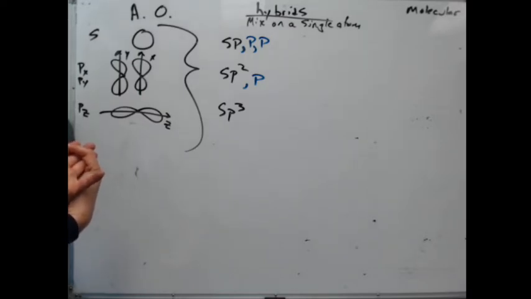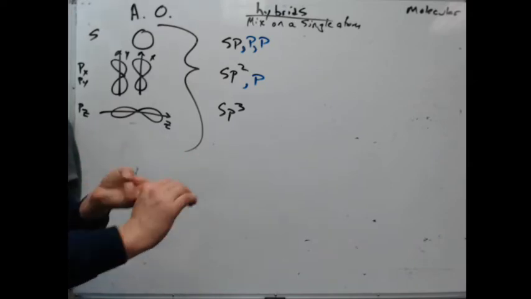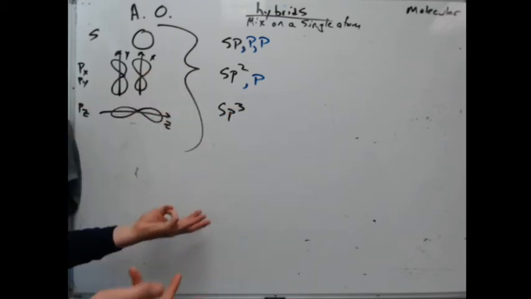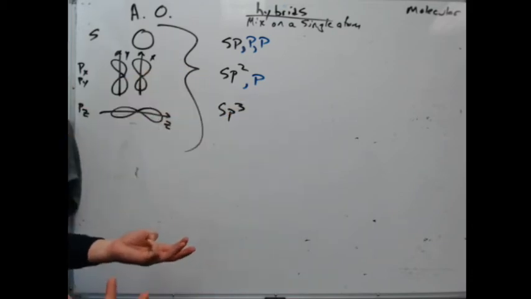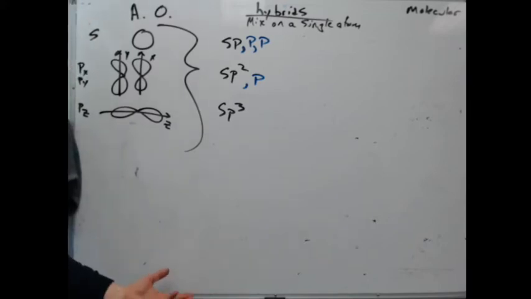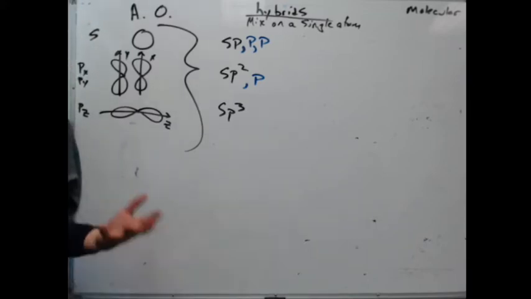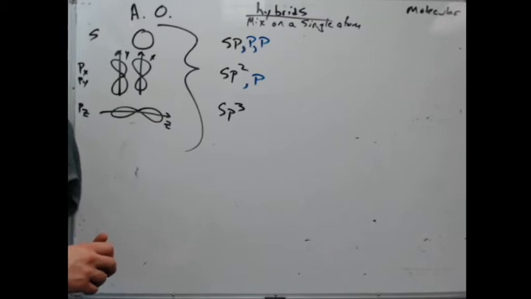So hybrid orbitals are a godsend in organic chemistry. You're really grateful for them because they can explain most of what's going on without having to get into the quantum theory.